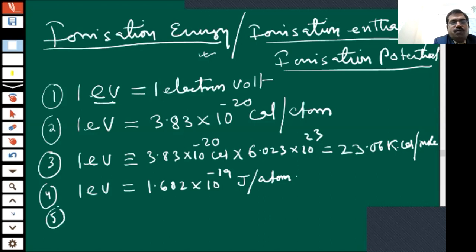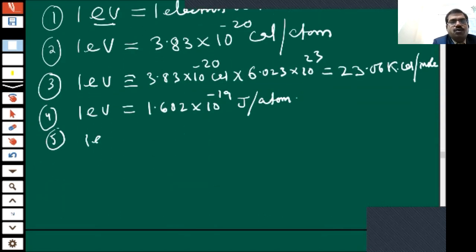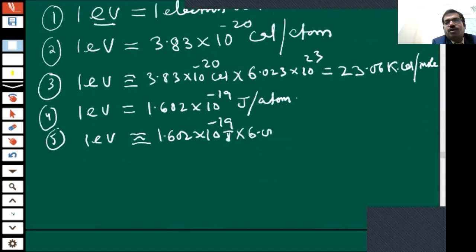And if you want to convert in molar form, so 1 electron volt per mole means 1.602 into 10 to the power minus 19 joule into 6.023 into 10 to the power 23. So the whole value will become 96.49 kilojoule per mole.